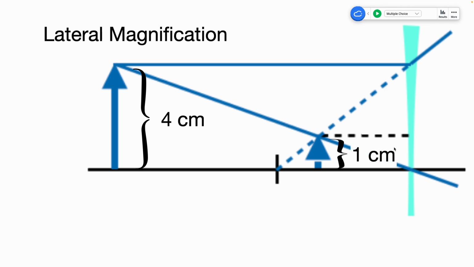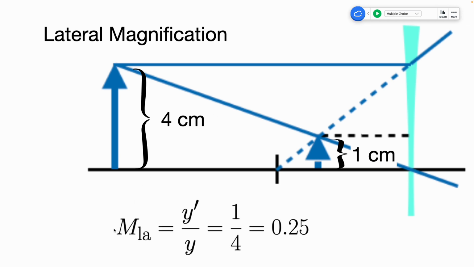You don't need to know why for now, but later in the course you will see a concave lens can create an image shorter than the object. In this case, we define the lateral magnification as the height of the image divided by the height of the object. So in this case, 1 divided by 4, 0.25.